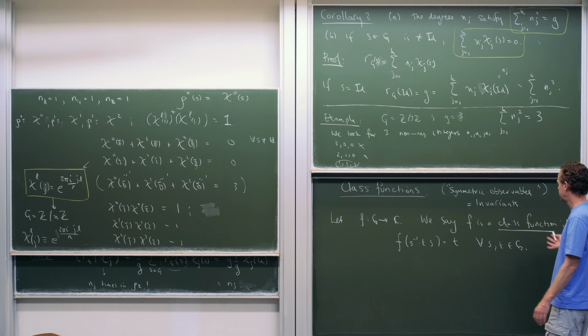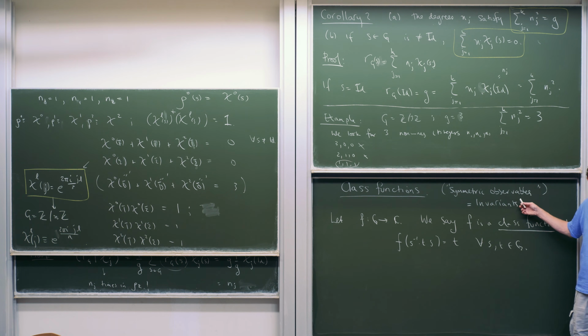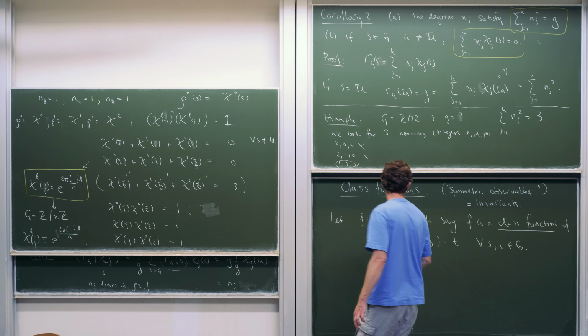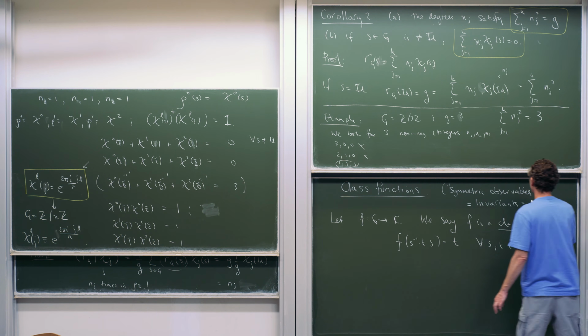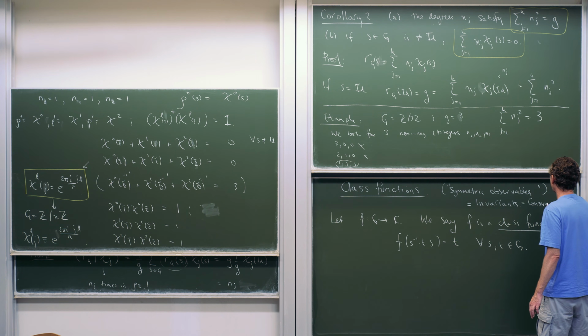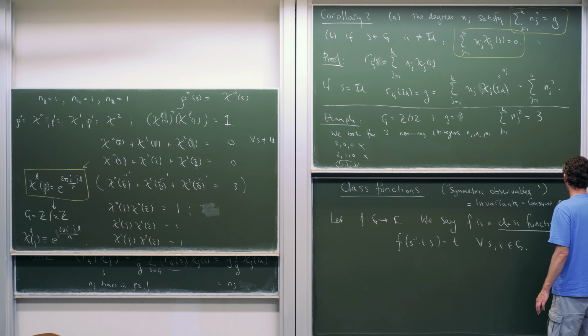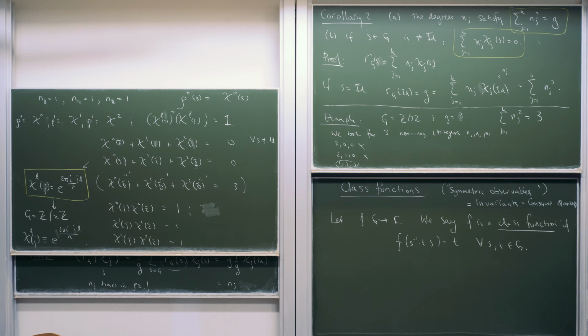So invariants play a very important role in all of physics. If your system or your physics is invariant under a group of symmetries, then there are things that don't change when you do the symmetries. Conserved quantities, right? You should be thinking conserved quantities. So invariants are like conserved quantities in physics.